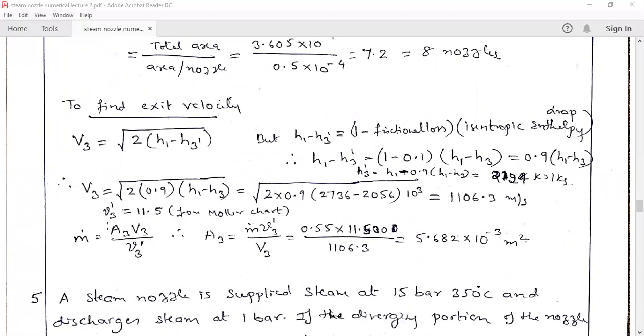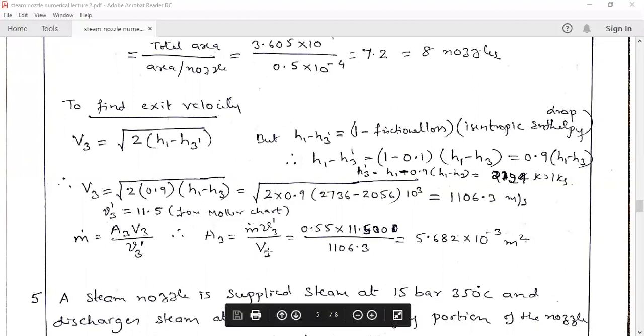For that we need the specific volume at the exit, which is taken directly from the Mollier chart for the pressure of 11 bar. So A3 will be equal to m dot into v3 dash, that is specific volume, divided by capital V3, the velocity. Substitute and get the value of area.